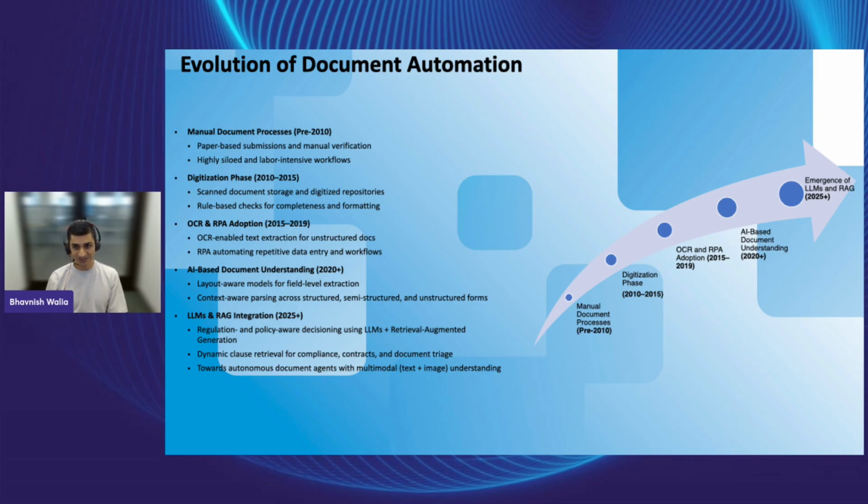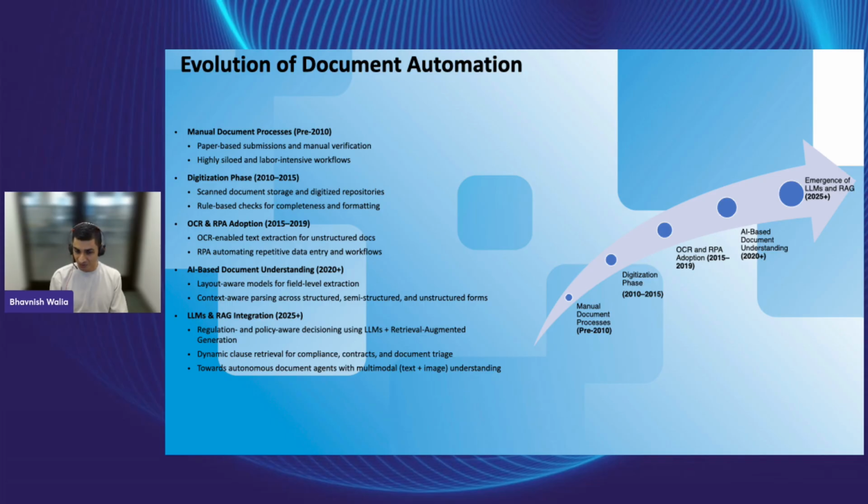And then come 2020, we started having some bit of AI introduced into our document understanding. And that's where layout-aware models came into being, where they were able to go into the documents and identify what is a name, what is an address. It was able to look at text, visuals, and spatial information to ensure they understand what the document looks like. That happened in 2020.